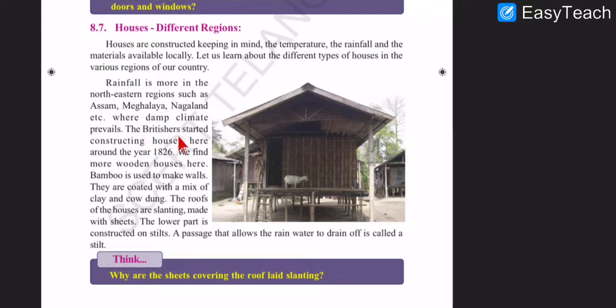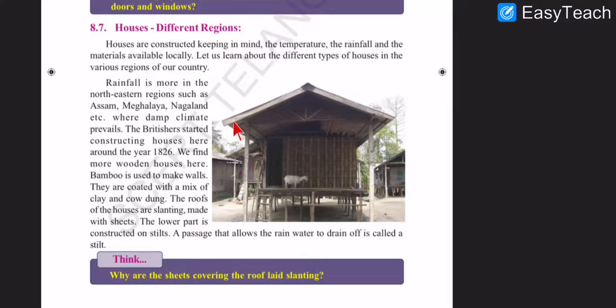The Britishers started constructing houses here around the year 1826. We find more wooden houses here. Bamboo is used to make walls. They are coated with a mix of clay and cow dung. The roofs of the houses are slanting.